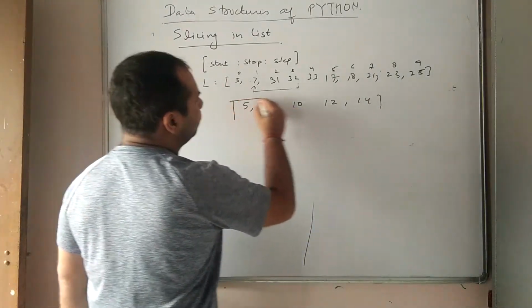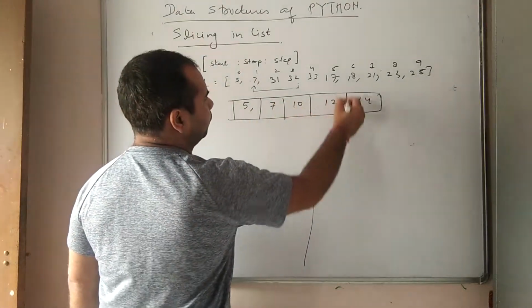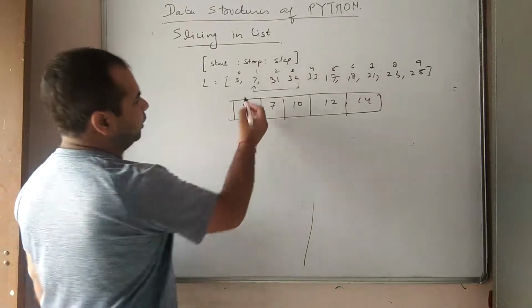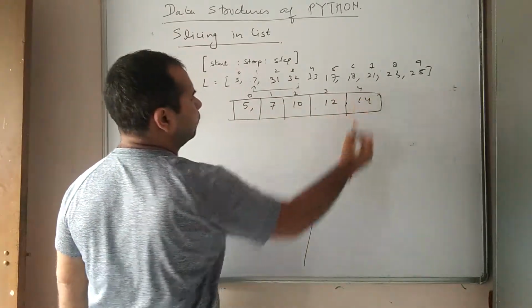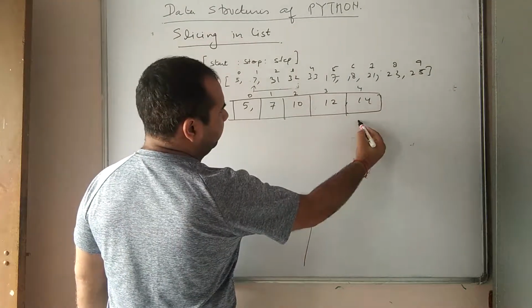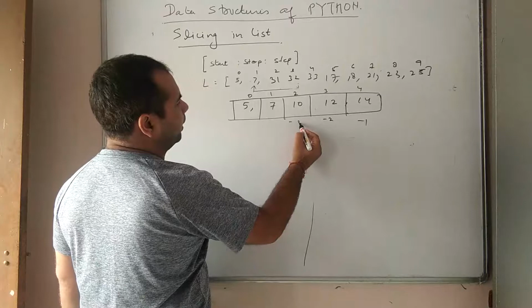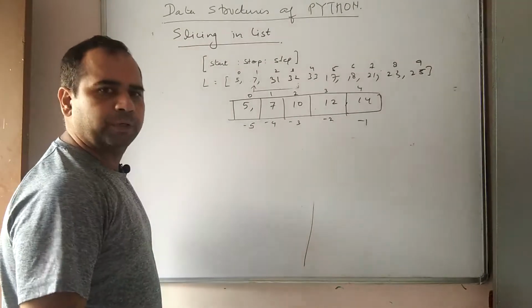Now if you divide it into blocks, what you get is 0, 1, 2, 3, 4. But in reverse you will get -1, -2, -3, -4 and -5, right?